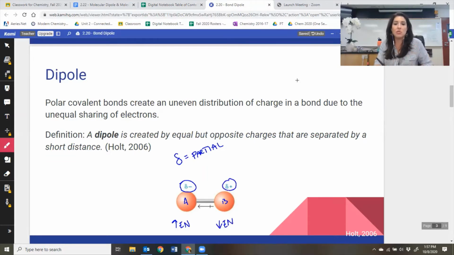And by convention, we draw this dipole arrow here. We always draw it in such a way that it's pointing towards the more electronegative element, and we cross the little tail at the end to indicate that that's the partially positive side, or the less electronegative element. So it's a convention of identifying the more electron-dense region of an atom.